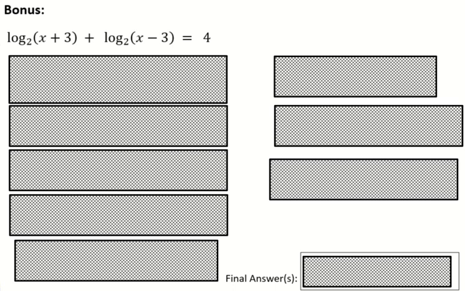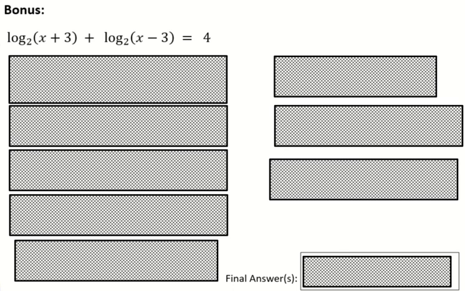Final question, a very doable bonus question. One of the biggest gifts as far as bonus questions I've probably given all semester. In this bonus question, obviously we can't convert this to exponential form when there are 2 logs.